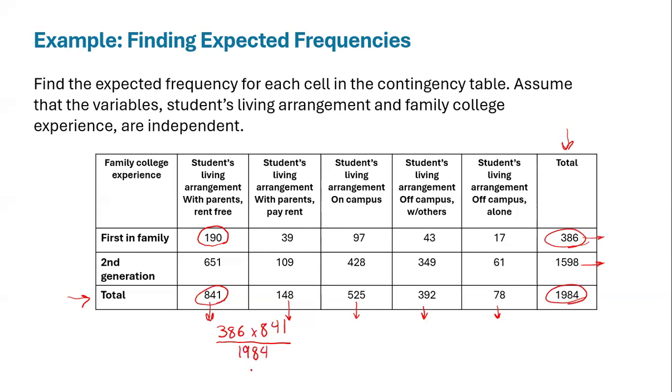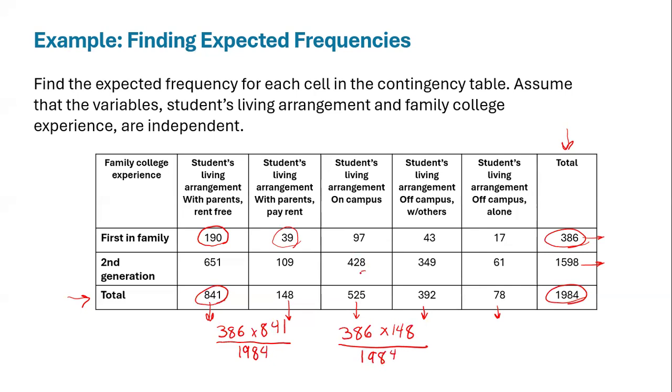After simplifying this fraction, the result gives me the expected frequency for 190. We do the same for 39. 39 is in the first row, where the sum is 386. It's in the second column, where the sum is 148, and then we divide by the sample size.